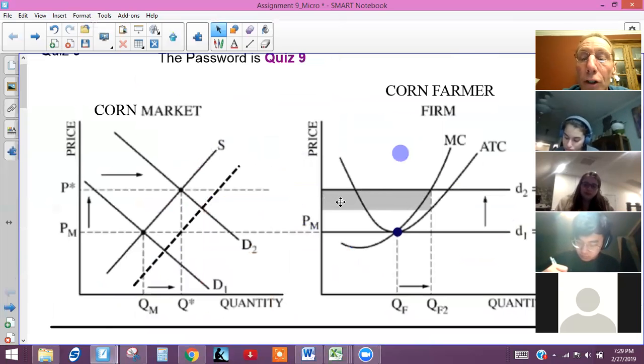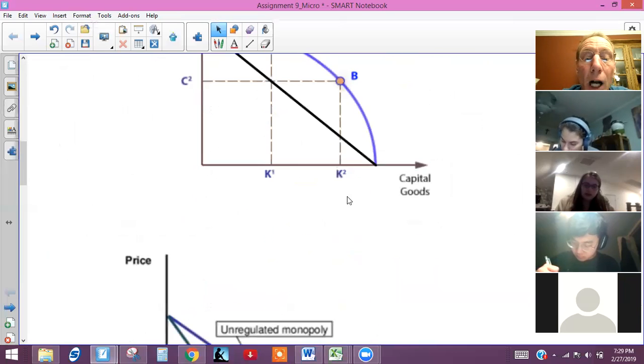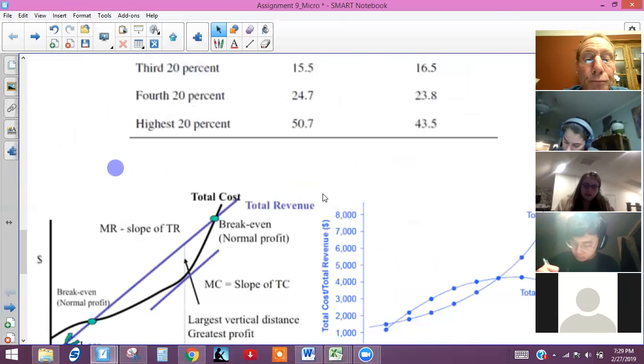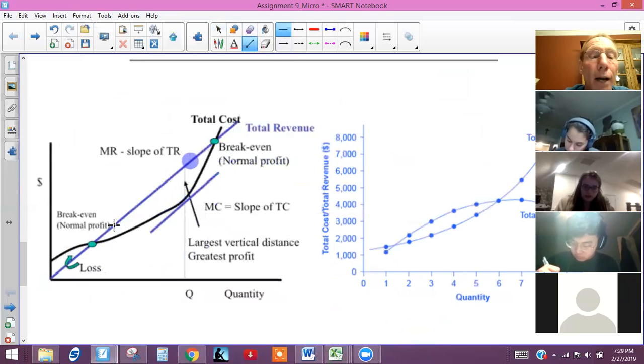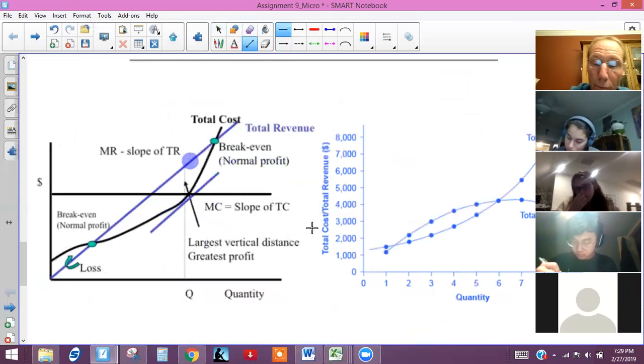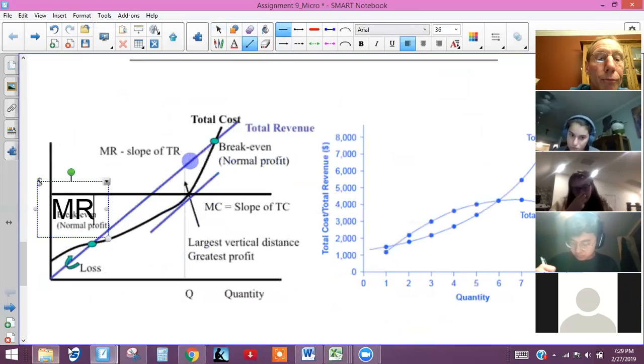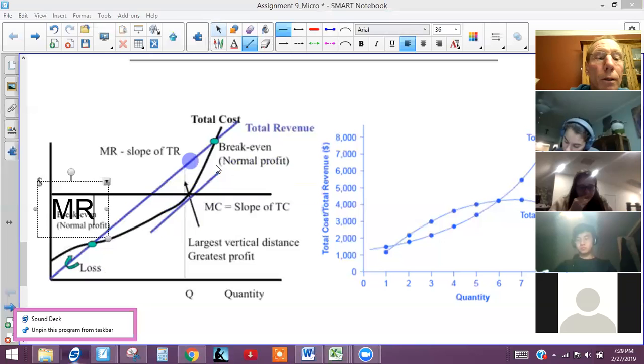Obviously, as a firm sells more, their total revenue is going to increase, but it's going to increase constantly. So when we see a total revenue curve that's linear and constantly increasing, we can know that the marginal revenue curve for that firm looks like that. Okay, that's the marginal revenue, right?